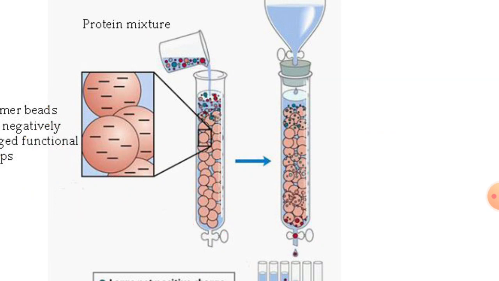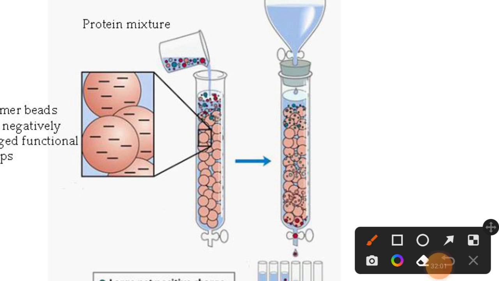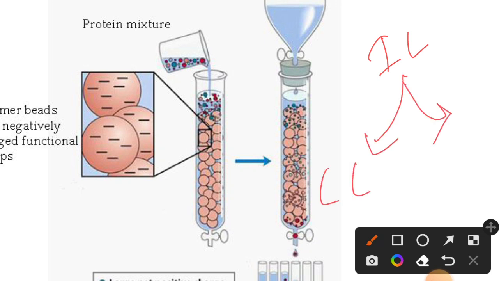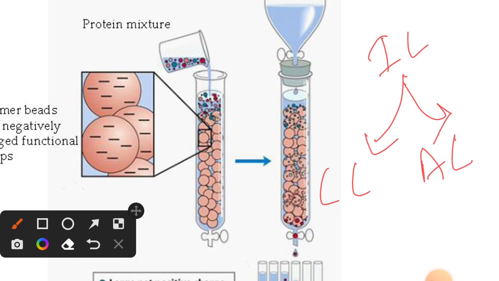As you have seen, depending on the type of the protein we have to choose our bound charge groups, right? There are two kinds of ion exchange chromatography that I want to tell you about. I am abbreviating ion exchange chromatography as IC. One is cation exchange chromatography, and another one is anion exchange chromatography. Here is a mnemonic to help you remember which chromatography contains which bound charge group.